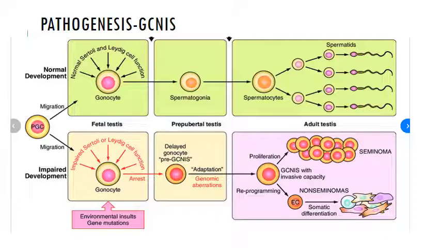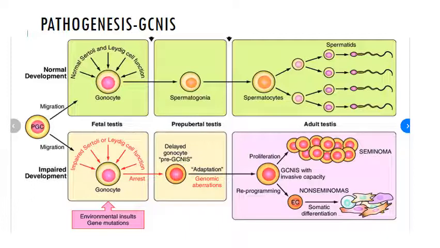But if there is a delay in this development due to impaired functioning of Sertoli or Leydig cell function, or due to various environmental or genetic alterations, this gonocyte delay will lead to transformation of the delayed gonocyte to pre-germ cell neoplasm in situ.